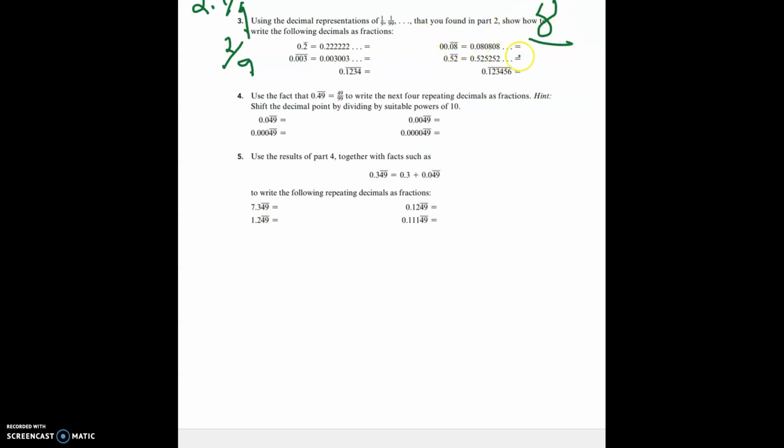Here's tenths, hundredths, but it would be 1 shy of that from what we talked about earlier. This one would be 3, and then tenths, hundredths, thousandths, but again, it's 1 less than that. And this would be 52, and then again, tenths, hundredths, so that should be over 99. And again, if you're not sure those are going to work, you can check it. All right, so let's look at this one. This should be 1, 2, 3, 4.